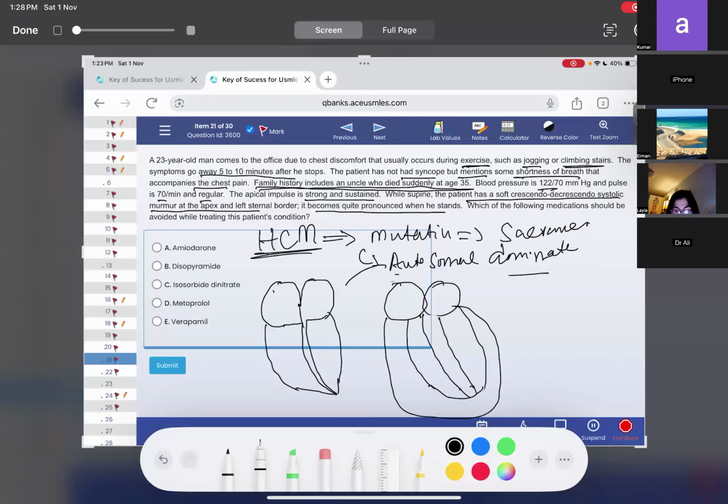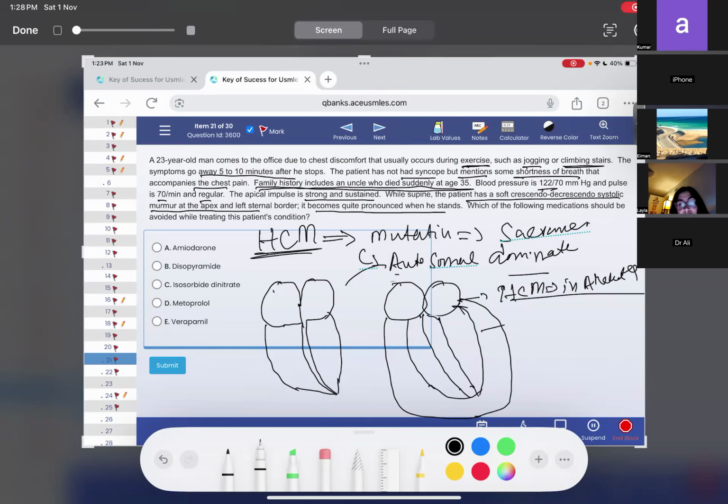So this is hypertrophic cardiomyopathy in athletes. Can anybody tell me why in athletes? Usually there is hypertrophy of the left ventricle due to excessive exercising and pressure load.